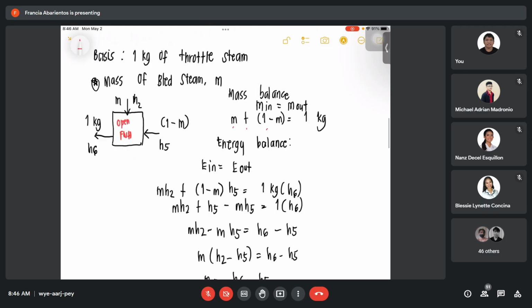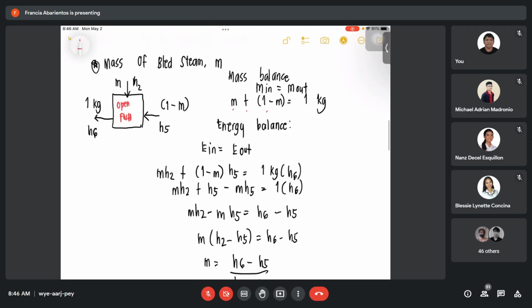Okay. Now comes our energy balance. All entering energies are equal to all the leaving energies within the system or the component. Since the consideration now is the feed water heater, we have M h2, plus (1 minus M) h5. So, this is our entering energy.